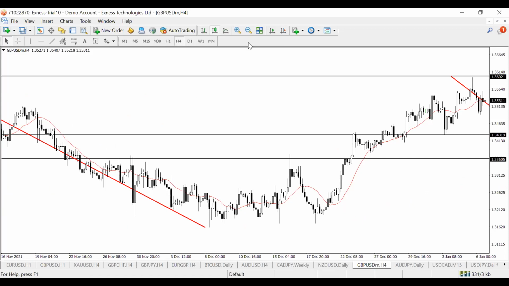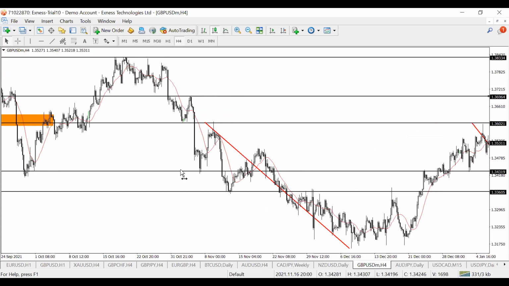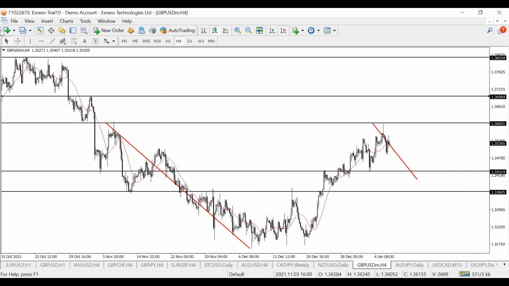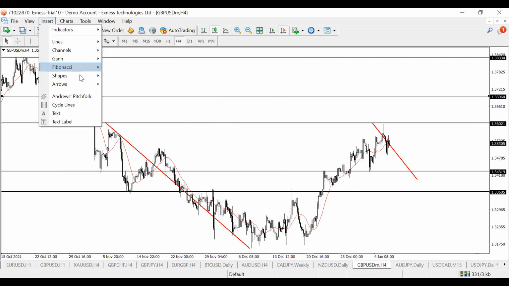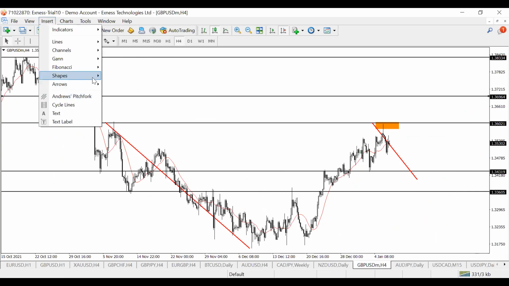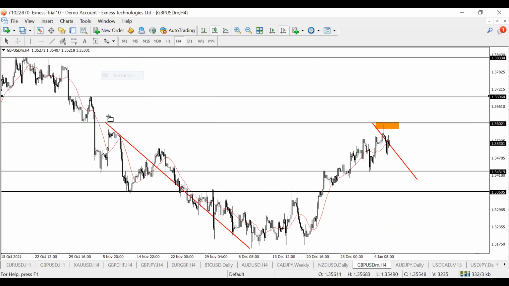Let's assume you identified this as a support zone, and based on previous history, market reversed in this zone and the same thing is happening.